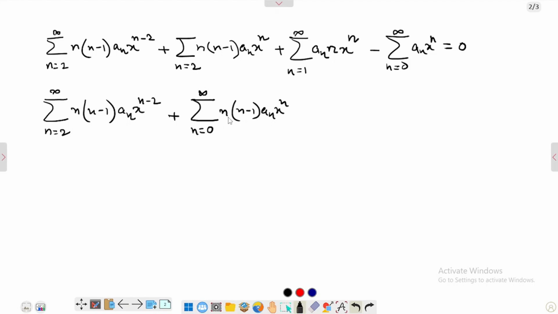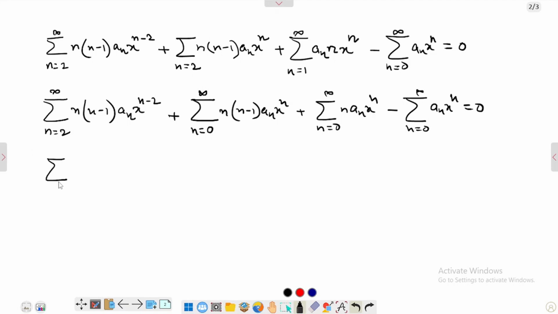So the total sum will not change. Plus sum n equal to 0 till infinity n a_n x^n, minus sum n equal to 0 till infinity a_n x^n equal to 0. Now I will shift the first sum to make it from 0 to infinity.